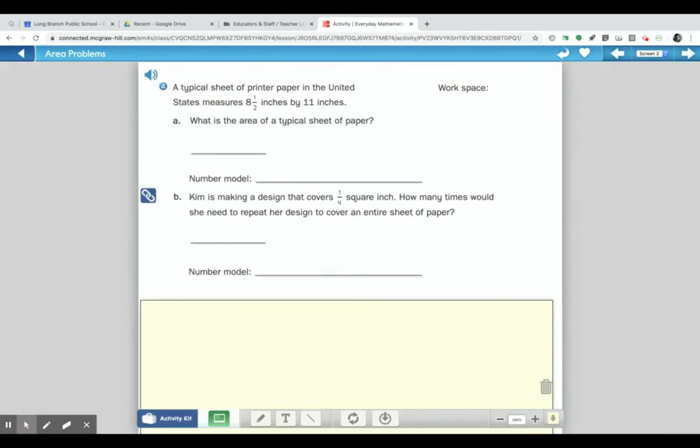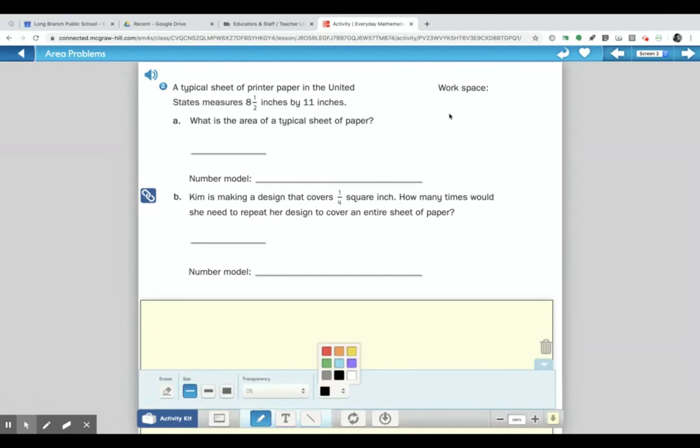Number 2: a typical sheet of printer paper in the United States measures 8.5 inches by 11 inches. What is the area of a typical sheet of paper? So if I want to show what this looks like, if this is my printer paper right here, this is usually 8.5 by 11.